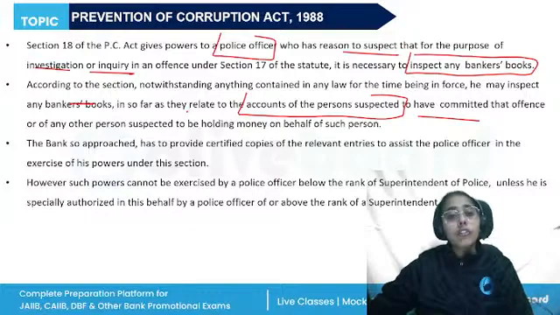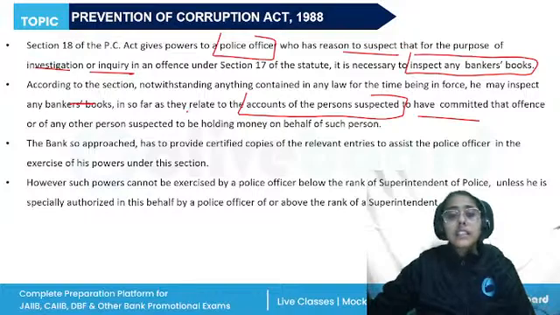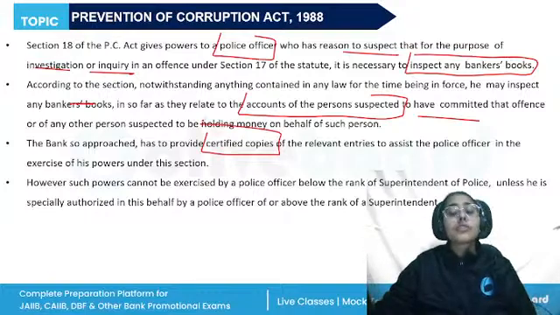So if the public officer has an account, those banker's books can be checked. Also, if they have, let's say, transferred the black money or the bribe amount to their relative's account, that can also be inspected. The bank so approached has to provide the certified copy. We studied in the Bankers' Books Evidence Act that original documents are not required. The banks can simply provide certified copies of the relevant entries to assess the public officer.